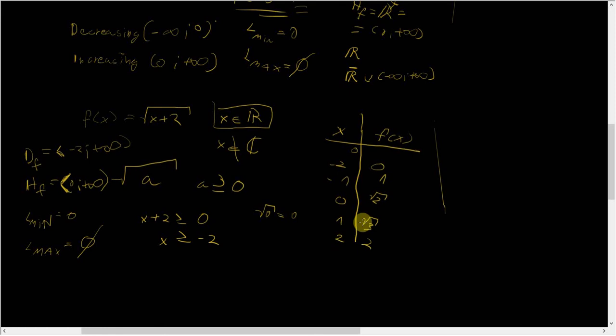So we can see that our function is only getting larger, is not getting any smaller. So our function is basically increasing from minus 2, sorry, wrong bracket, minus 2 to plus infinity.